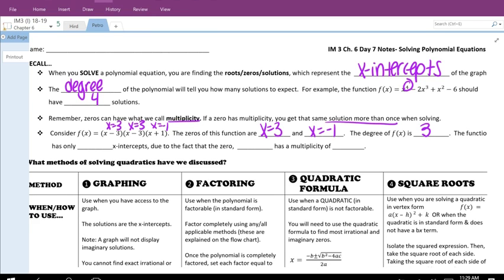So the function only has 2 x-intercepts, due to the fact that x equals 3 happens twice. That's why we have a total of 3. You can count it 1, 2, 3. So that's background knowledge: when you're diving into a problem, you should know at least how many zeros you should have in the very beginning.